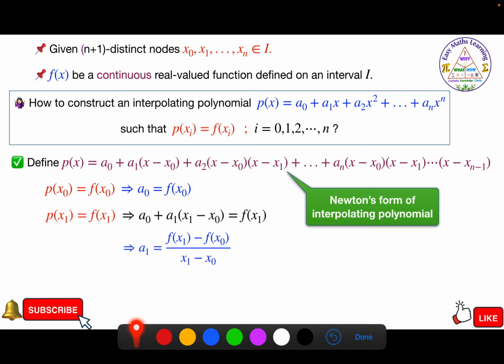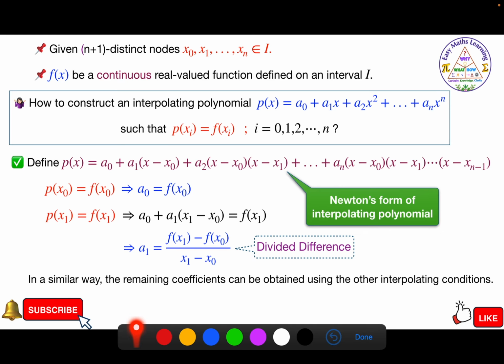We get a1 equal to f of x1 minus f of x0 divided by x1 minus x0. This quantity is called the first divided difference. In a similar way, we can apply other interpolating conditions and substitute x equal to x2, x equal to x3 in p of x to obtain the other coefficients, that is a2, a3 up to an.